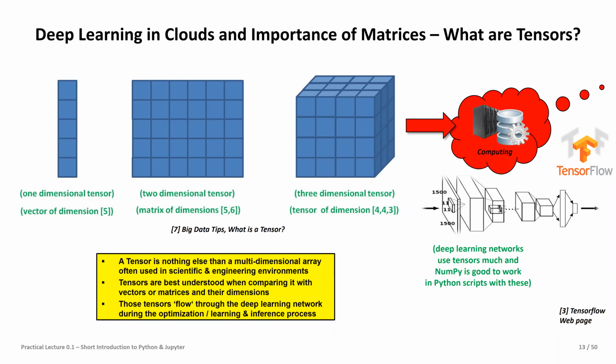Some of you always asked me in the beginning when we had this course, students essentially were saying, what is a tensor? People usually know about vectors, people know about matrices, they also know about arrays, but what the hell is a tensor? And you know, TensorFlow says it all. These are the things which are flowing through a deep learning network. That's why the name tensor became so obvious. But in the end, you can see it just like a multidimensional array.